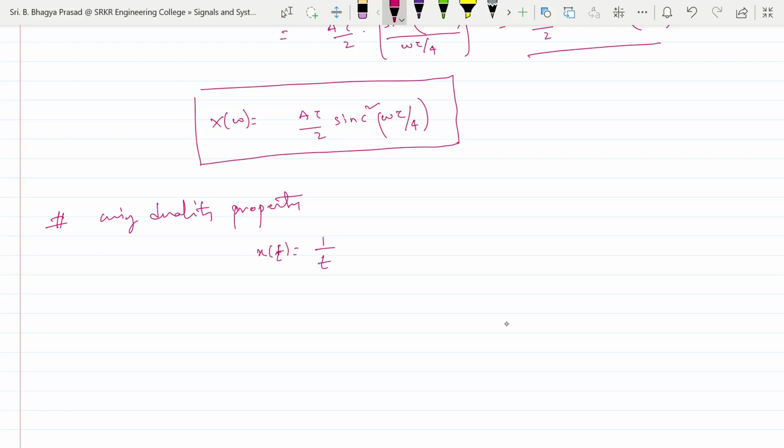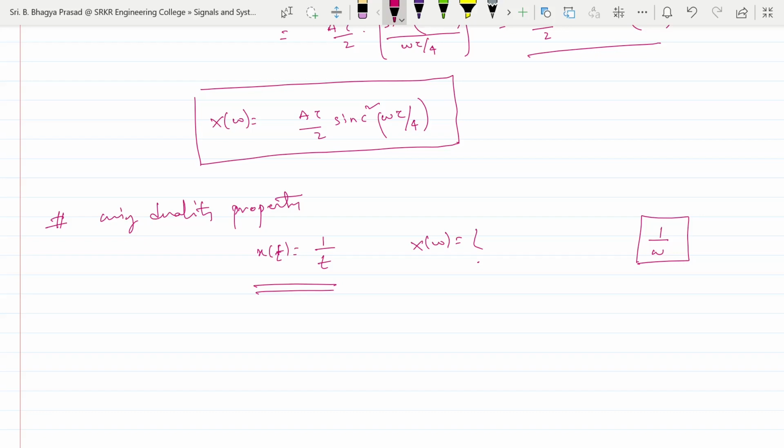To solve this, we should think about the formation of 1 by ω. Where can we find 1 by ω in any Fourier transform pair?